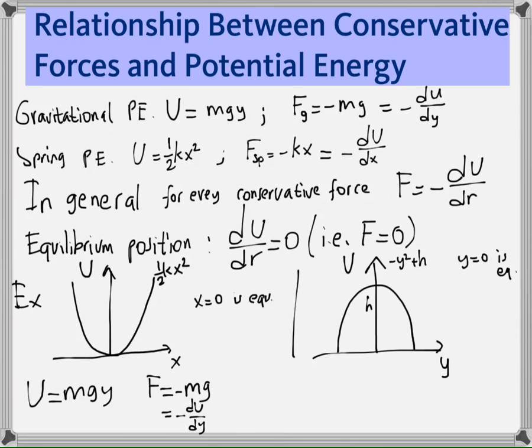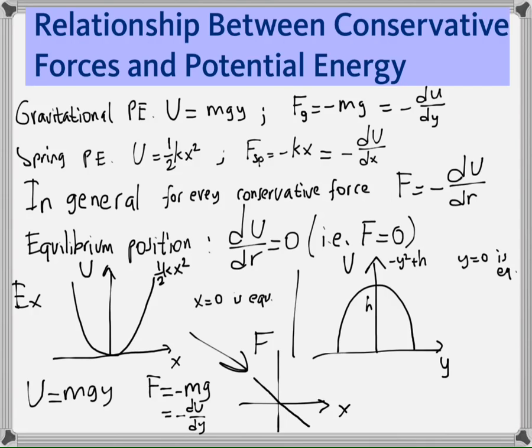The force at any point will be -kx, and the force graph will look like this. This is the force, and this is x. So once you are given the potential function as a function of position x, you can easily calculate the force at every point.